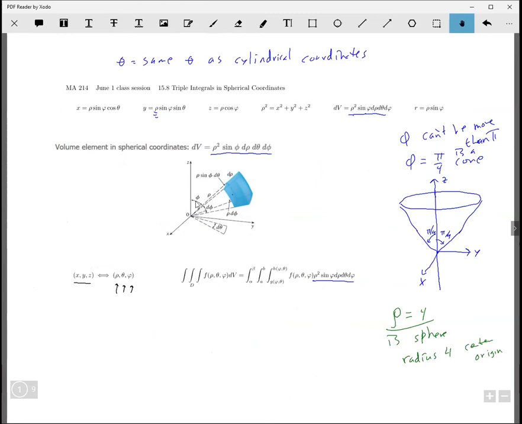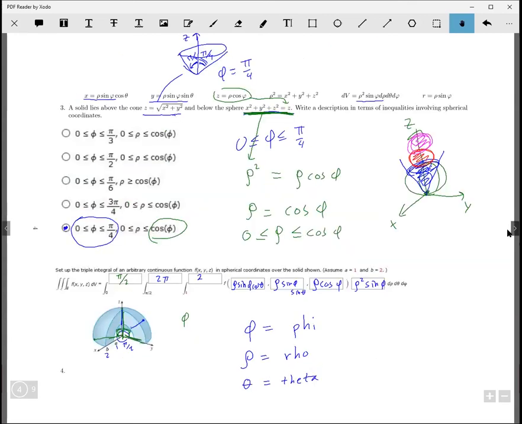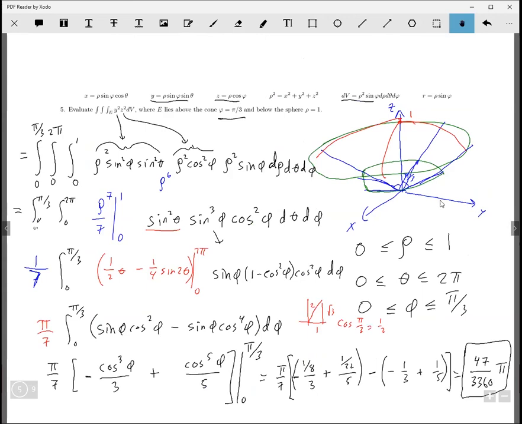Let me give an example right here where phi equals pi over 4. This is a cone because it's going out in all directions from the positive z-axis. You get by an angle of pi over 4, you get this cone. Oh, okay. Gotcha. Thank you. And so what we have is a more poorly drawn cone right here with phi equals pi over 3.